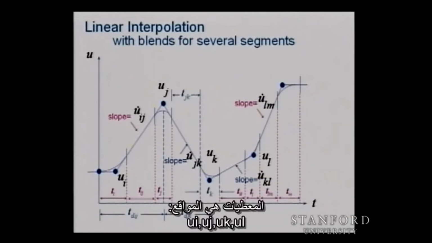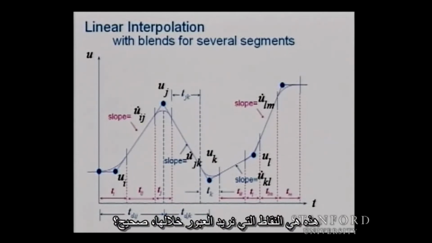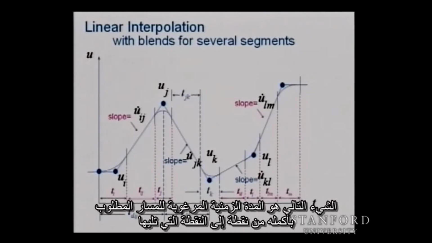What is given is the positions u sub i, u sub j, u sub k, u sub l. Those are the points that we want to go through, right? The initial point, the final point, and the intermediate points. That's one of the things that is given. Then the next thing is the desired time durations for the entire trajectory from one point to the other.